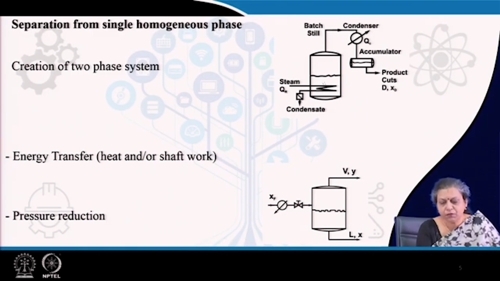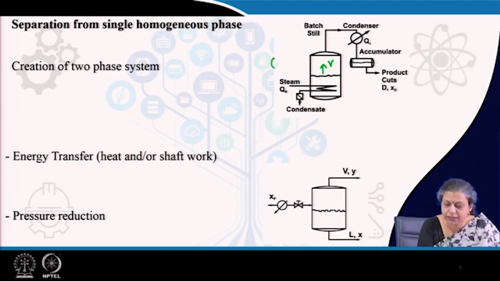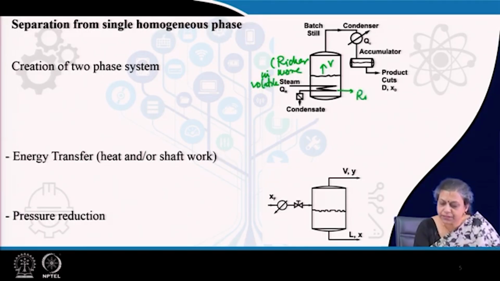Moment we heat it, what happens? The liquid which is there partially vaporizes. When it partially vaporizes and the vapor is formed, quite naturally the vapor will be richer in the more volatile component. So, the vapor, which is richer in the more volatile component, rises up, leaving behind a liquid which is richer in the less volatile component.